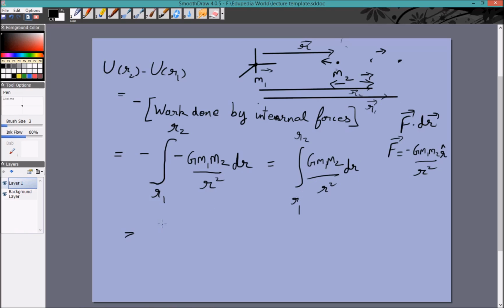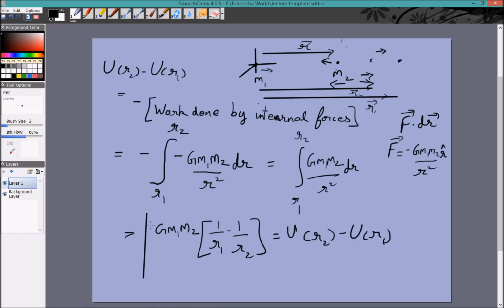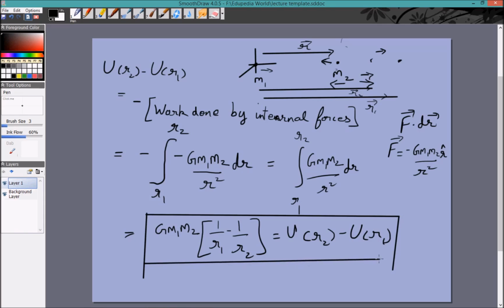So this gives us g m1 m2 times 1 by r1 minus 1 by r2. This is u of r2 minus u of r1. Right. This is the most important formula in gravitational potential energy, and every other formula we see from now will ultimately be derived from this formula.